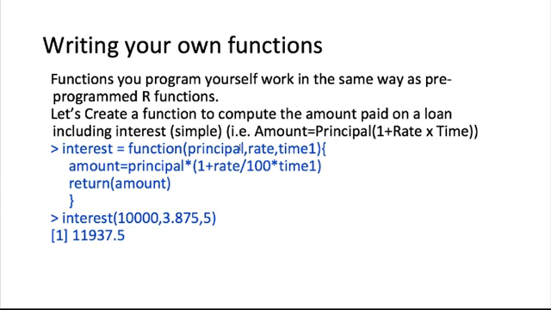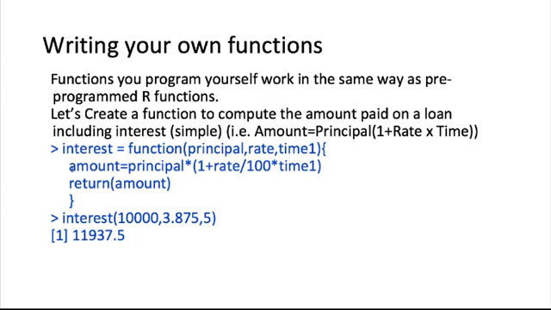One called principal, one called rate, and another one called time1. I use time1 because time sometimes is a built-in command, so it might mean a different thing to R. So just to be safe, I'm going to call this argument time1. Now what R needs to know next is, okay, please tell me how to do this.